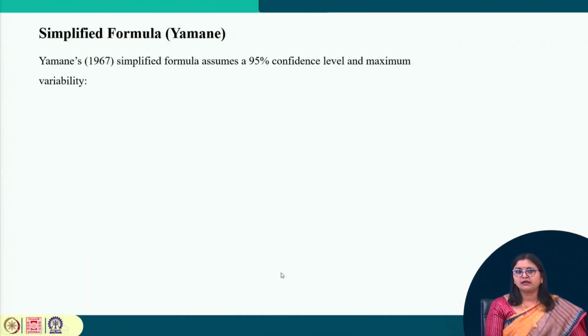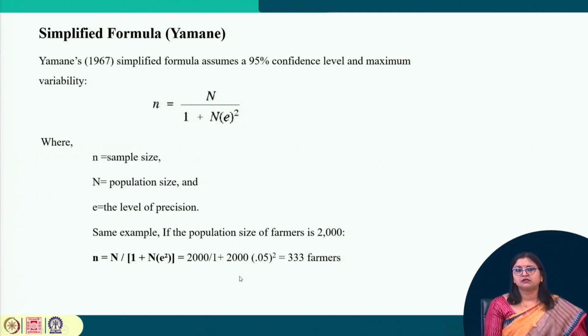The simplified formula of Yamane in 1967 also assumes a 95% confidence level and maximum variability, and gives the formula n is equal to capital N upon 1 plus N multiplied by e square. Here, small n is the sample size, capital N is the population size, and e is the level of precision.